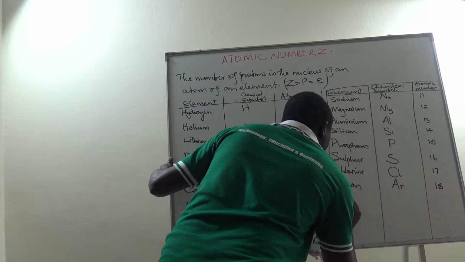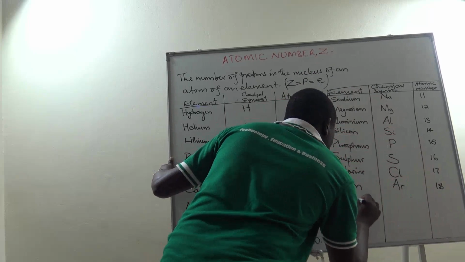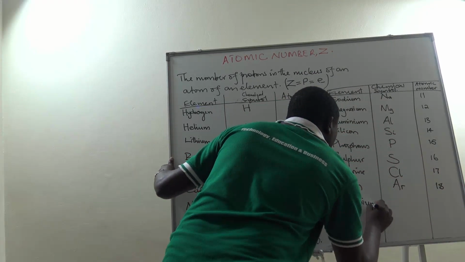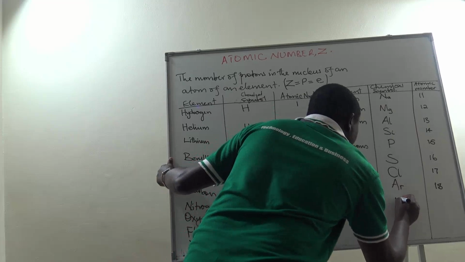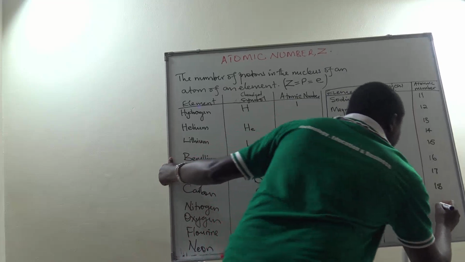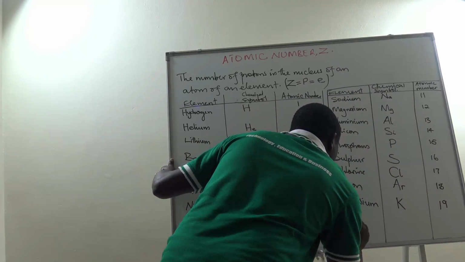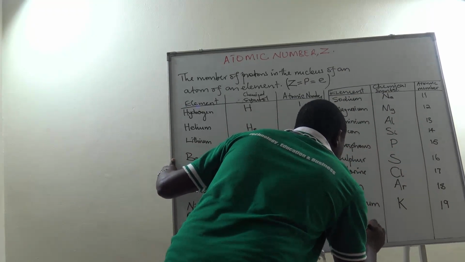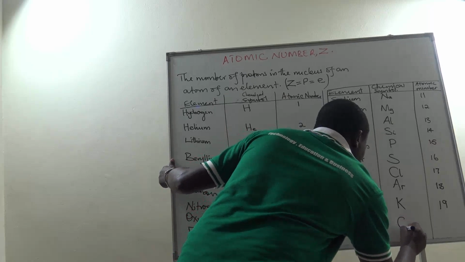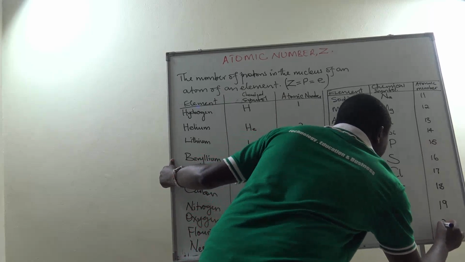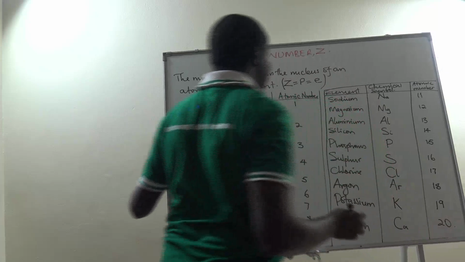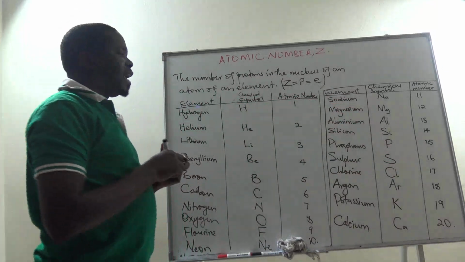Then we have potassium, double S, not double T, which is capital K, number 19. And then finally we have calcium, which is capital C, small a, number 20. So this is our first 20 elements.